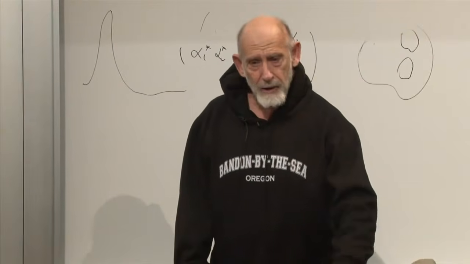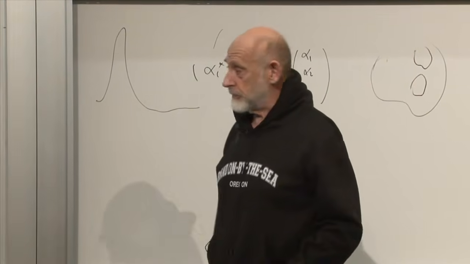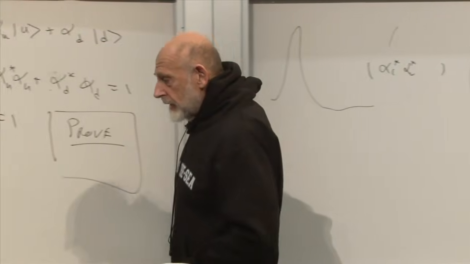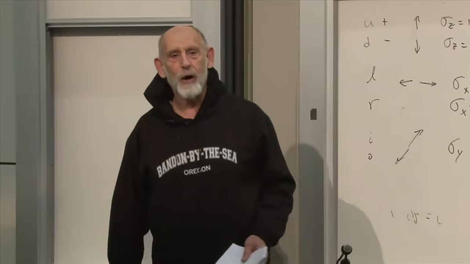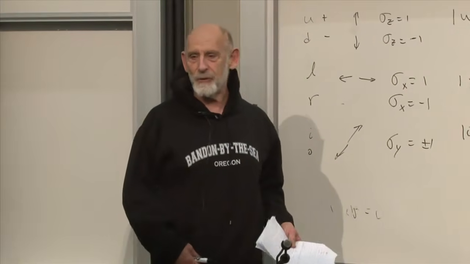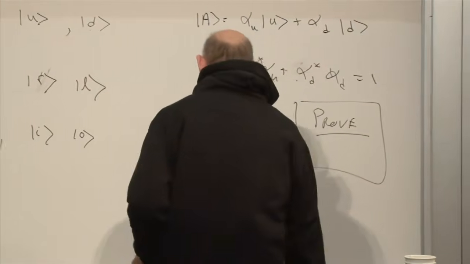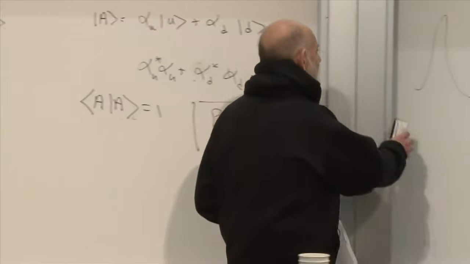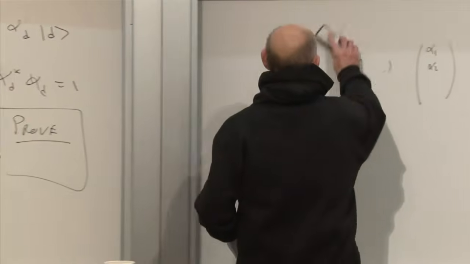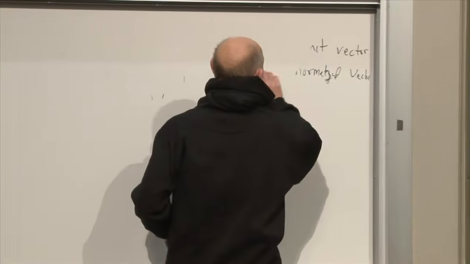But according to the postulate, right and left must be linear combinations of up and down. That's not too surprising, because if you prepare right or left and then measure up or down, you get +1 or -1. That's all there is, +1 or -1. So it's not too surprising that whatever right or left is, it's somehow a combination of up and down. And that statement is buried in the properties of vectors.